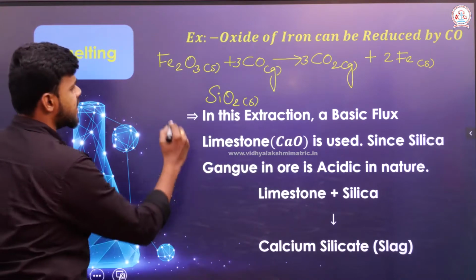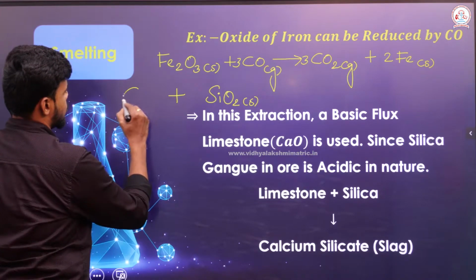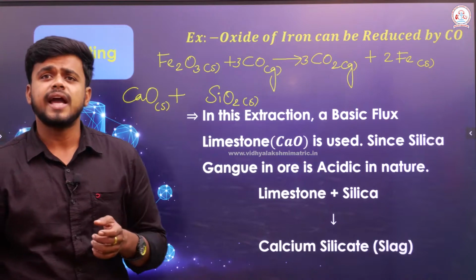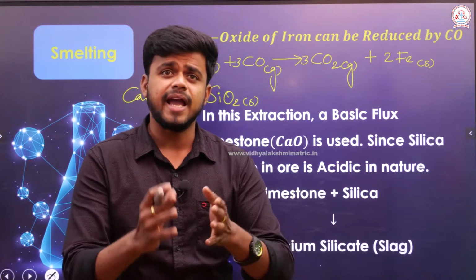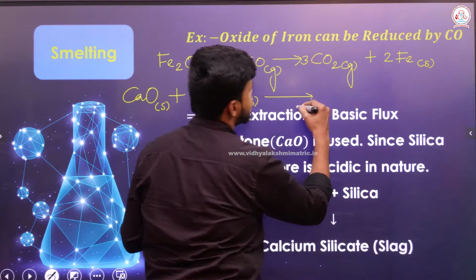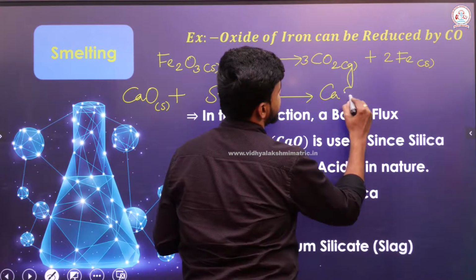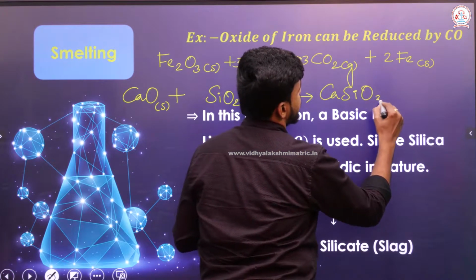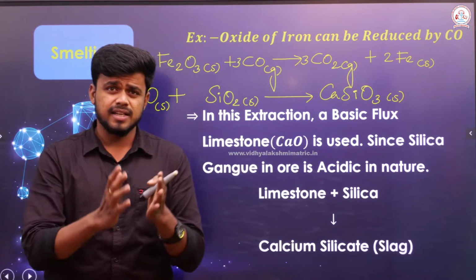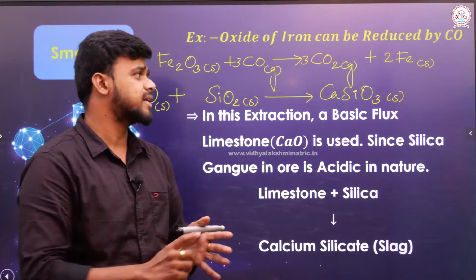The flux that we are using here is a basic flux called limestone, which is calcium oxide. This calcium oxide will take up the gangue which is existing in the form of silicon dioxide, and it will go as silicate, which is calcium silicate, CaSiO3. As soon as the slag comes out, we are able to separate it completely.